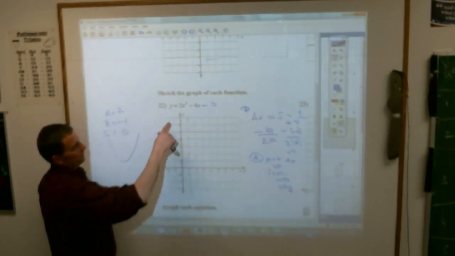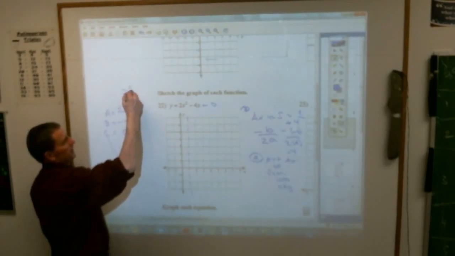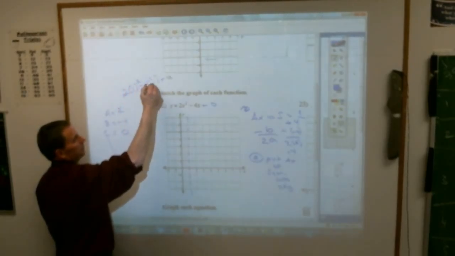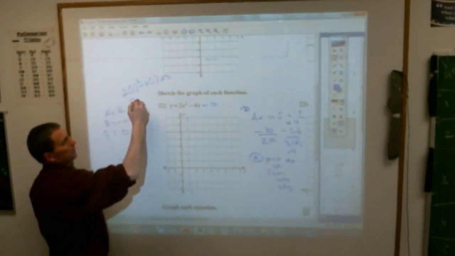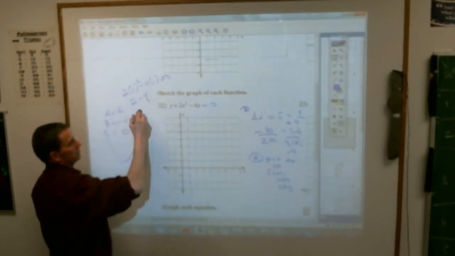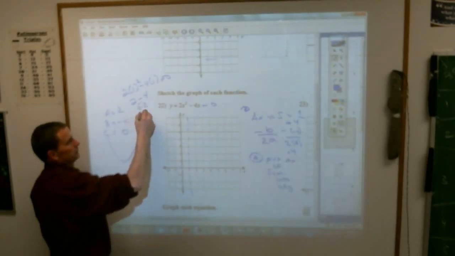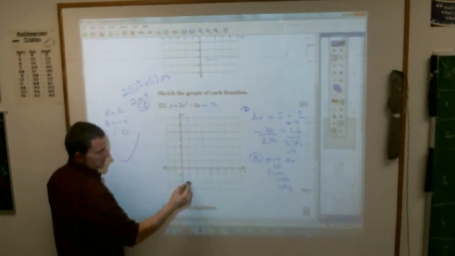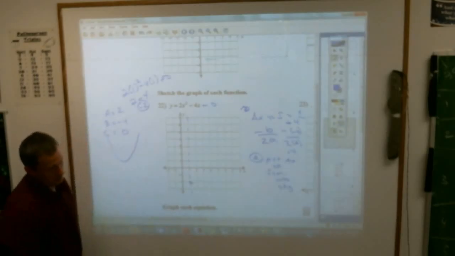If I put 1 in for that, 2 times 1 squared minus 4 times 1 plus 0, I end up with 2 minus 4, which happens to be negative 2. On this axis at negative 2, that's the lowest point of my parabola.